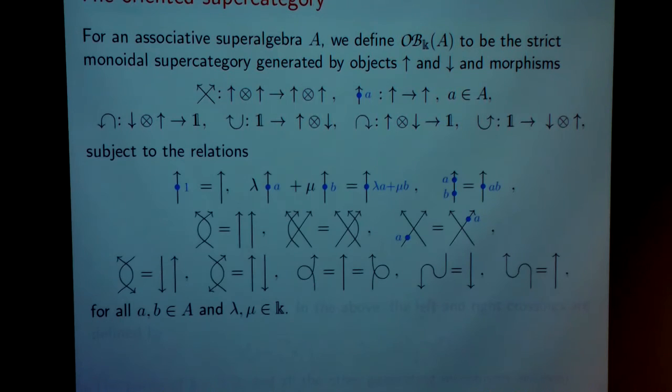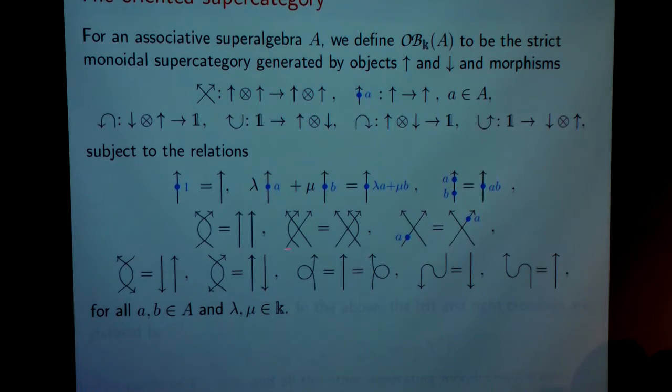And then we impose some relations. So what are the relations? This first row is just saying that the map from our superalgebra A to the endomorphism superalgebra of the up arrow is an algebra homomorphism. So 1 gets sent to the identity, it's linear in the labels, and the multiplication is multiplication in the superalgebra.